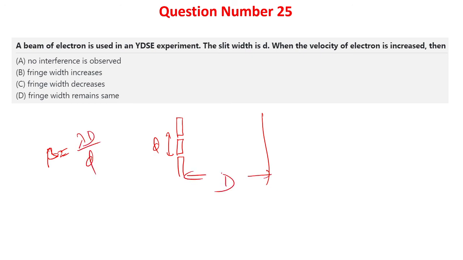This is the screen distance, capital D. So if the velocity of electrons is increased, that means de Broglie wavelength, h by mv, v increases, so wavelength decreases. If wavelength decreases, fringe width decreases. Both are in the numerator. So correct option C.